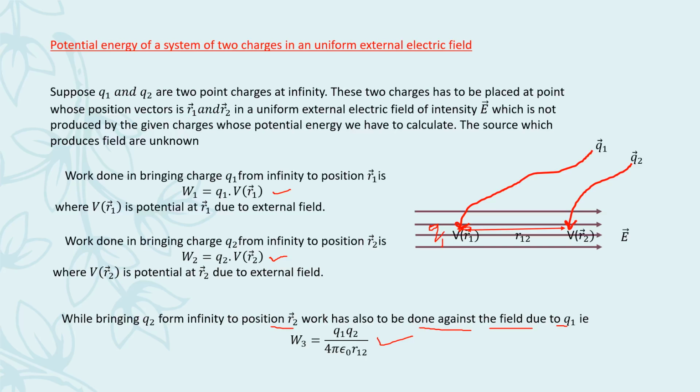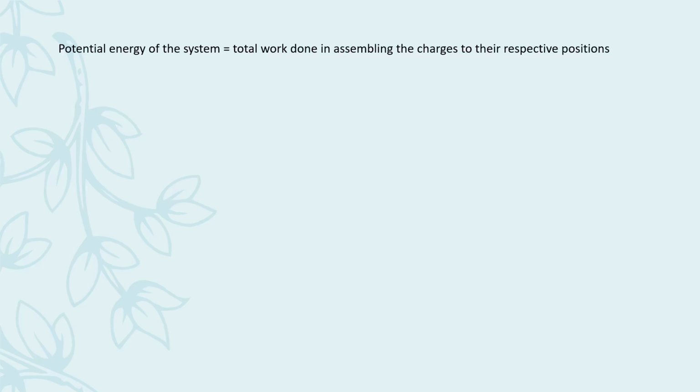The potential energy of the system is equal to the total work done in assembling the charges to their respective positions. So total potential energy is equal to W1, the amount of work done in bringing the charge Q1 from infinity to the point whose position vector is R1, plus W2, which is the work done in bringing the charge Q2 in the external electric field, plus W3, which is the work done in bringing the charge Q2 in the electric field of charge Q1.